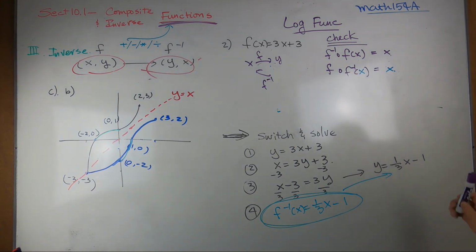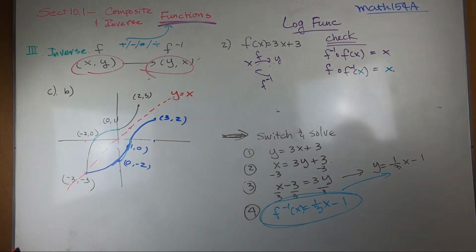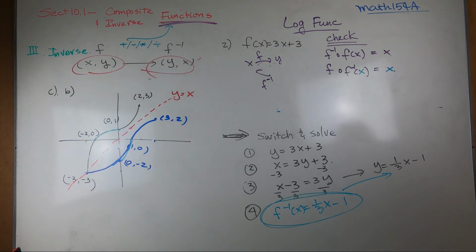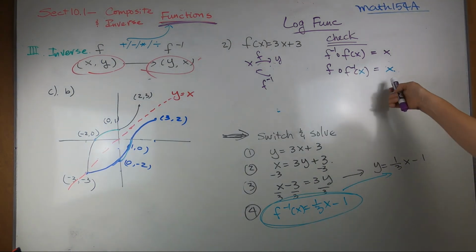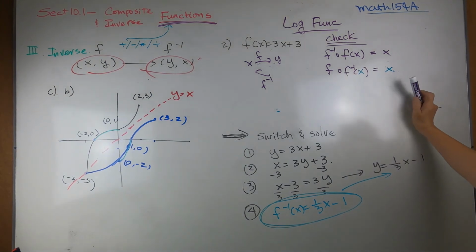Okay, so for checking, we need to satisfy these two conditions. It would be difficult for you to do this, to check on this. And if you have a problem with it, you can just skip it.